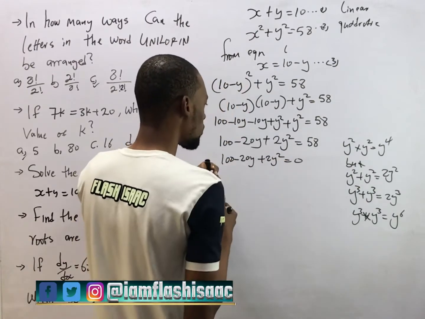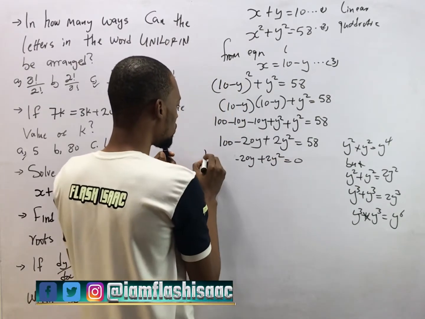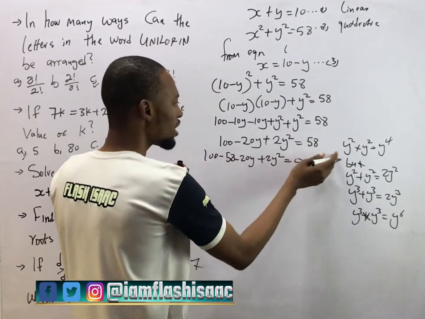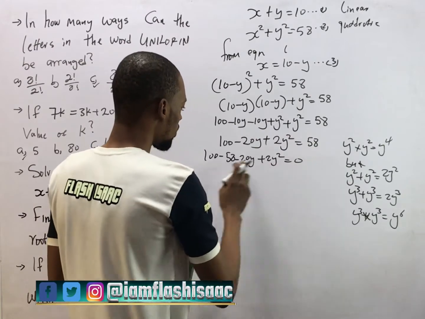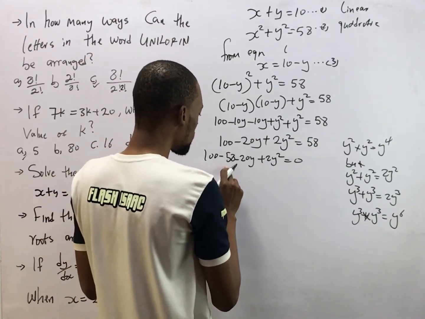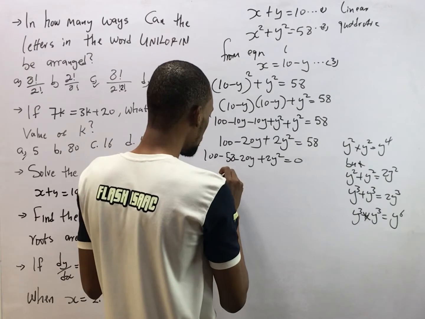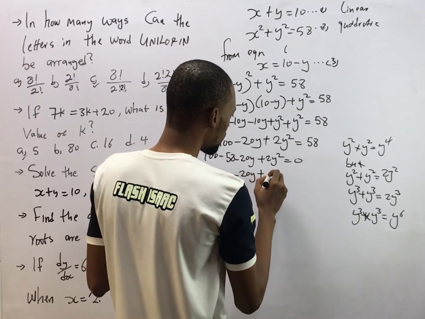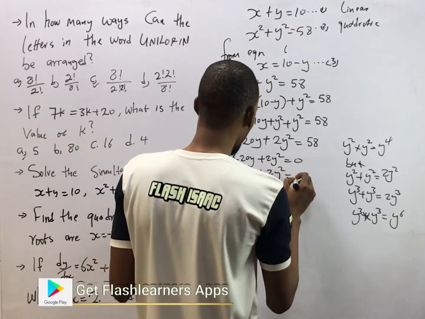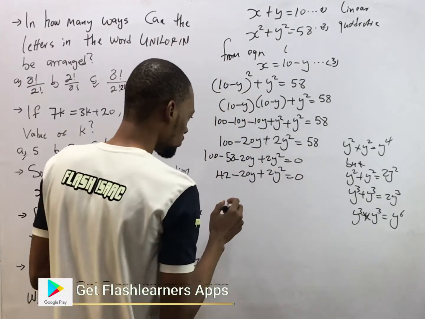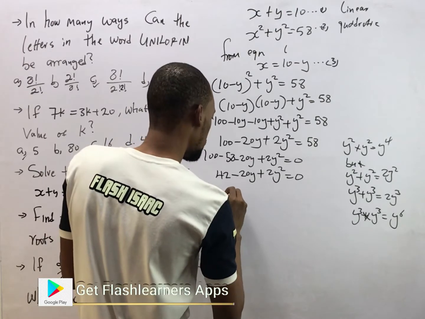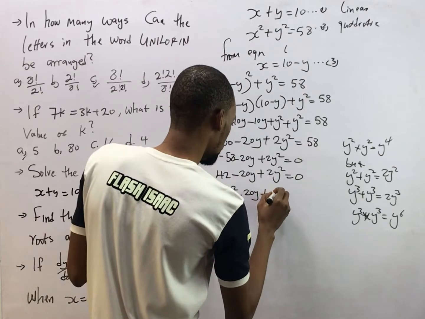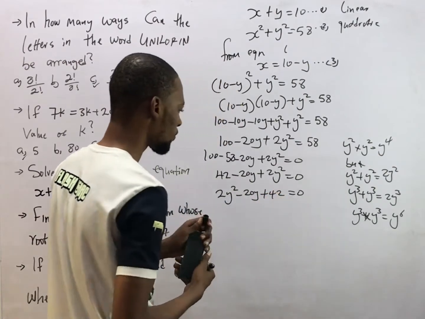So if that is equal to 0, it means that here will be 100 minus 58. 58 crosses to give us 0 there. 100 minus 58 will simply give you 42. 42 minus 20y plus 2y squared is equal to 0. Rearranging, we have 2y squared minus 20y plus 42 is equal to 0.